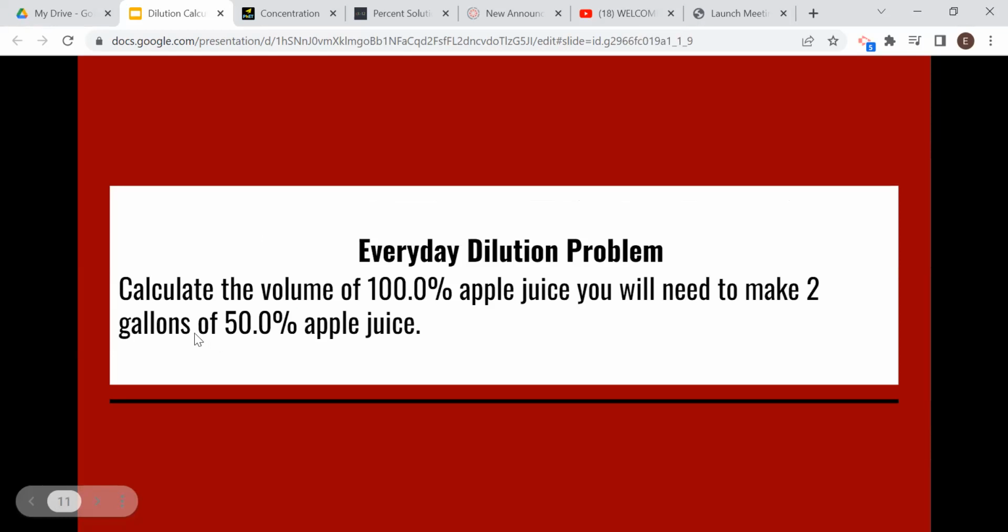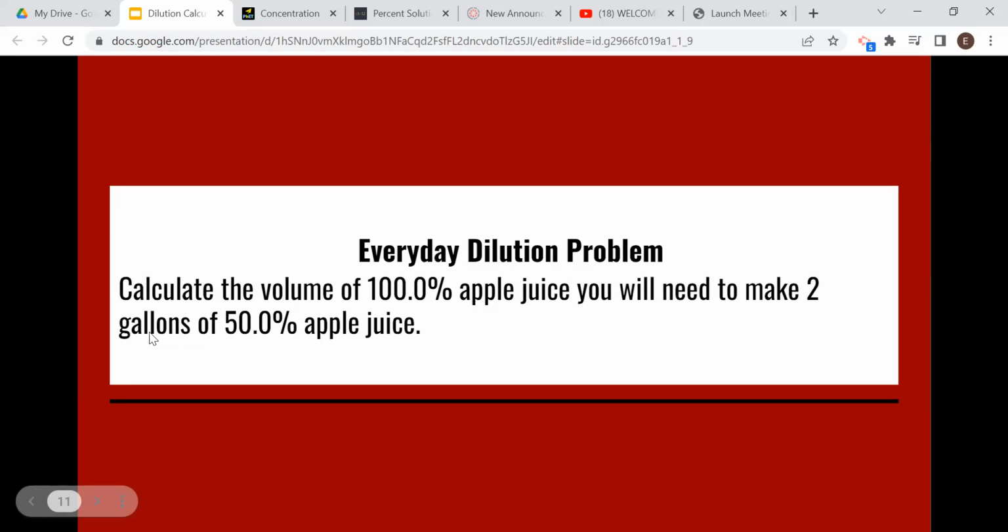But before we look into the chemistry of this, let's look at what we see in our everyday life. Let's assume you bought 100% orange juice, you're expecting 4 people to come to your house, and all of a sudden each of them is coming with maybe 5 kids, and the store is closed.